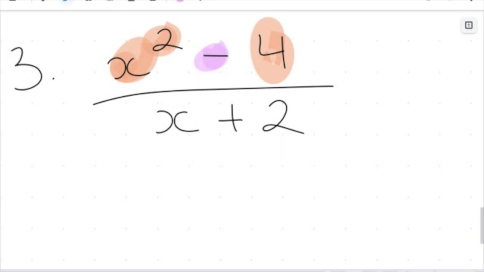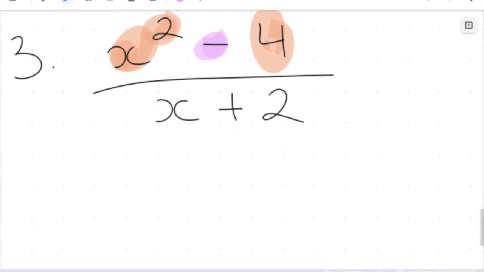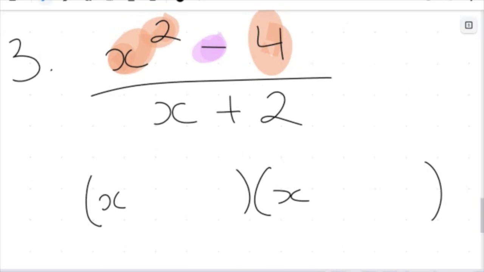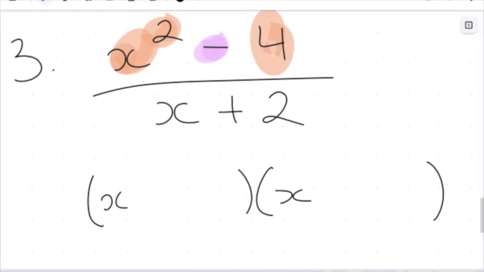So if we remember from our factorizing perfect squares video, I can write this as a binomial product. And both of the terms here are going to be the square roots of my two squares. So I have x and I have 2. And remember, the signs have to be opposite.